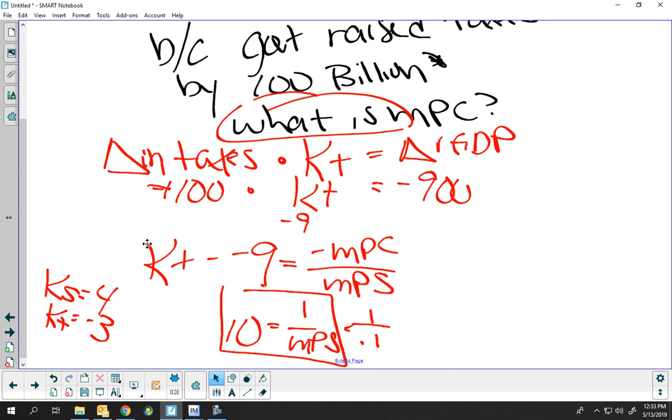So if MPS is 0.1, MPC would have to be 0.9, because 0.9 plus 0.1 is 1. But you don't have to do that. The answer was, what is MPC? You don't have to plug MPC back in. You already solved for it. So what is that? 0.9.